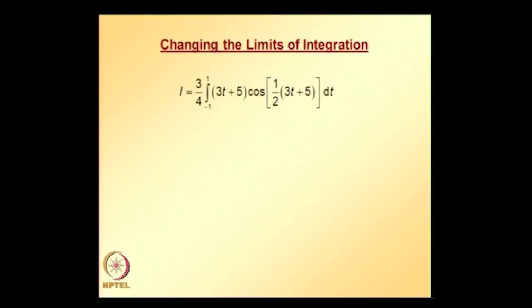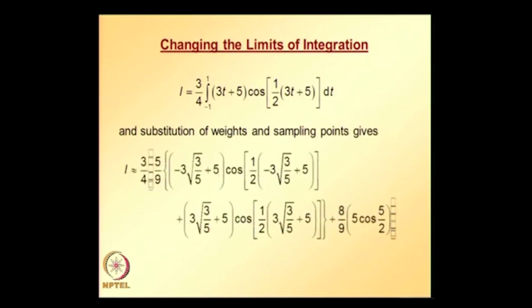So substituting the change of limits into the previous equation of the integral, we get this equation, and with substitution of weights and sample points, we get this approximation. Actually there is some problem with the font again, brackets are shown as some blocks there.